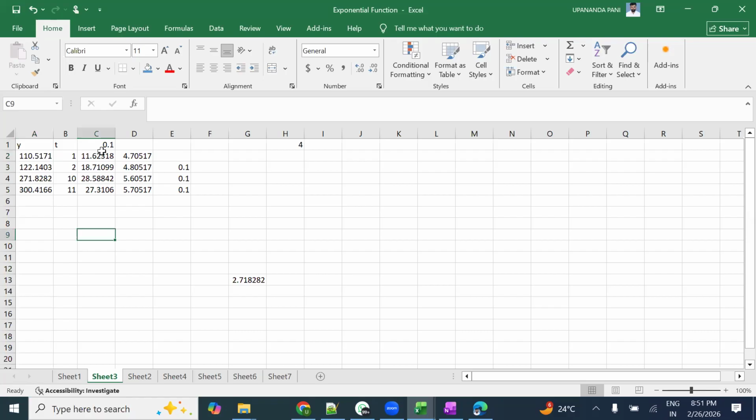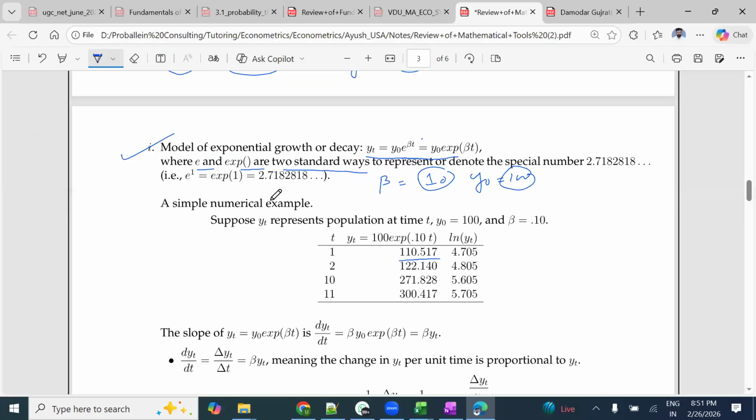Okay, Bhakti ma'am? Yes, sir. That is better, but I wrote it this way to avoid confusion for someone. You can do it the better way. Not a problem. So 0.1 into beta, B2. B2 is this one. T is equal to 1, the first period. Now you just see, I got 110.517.